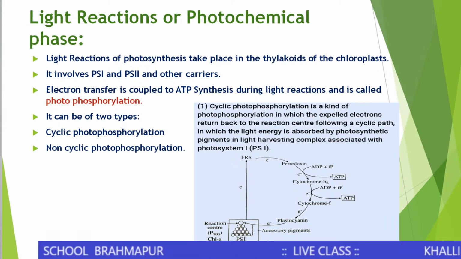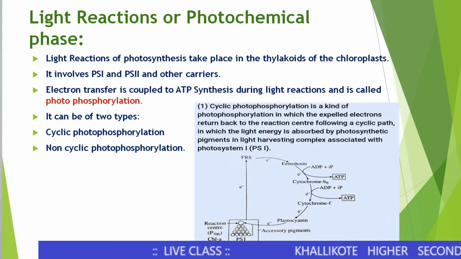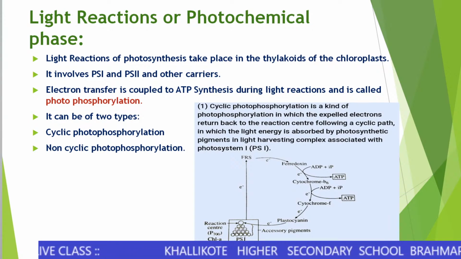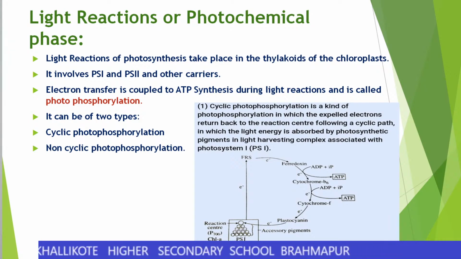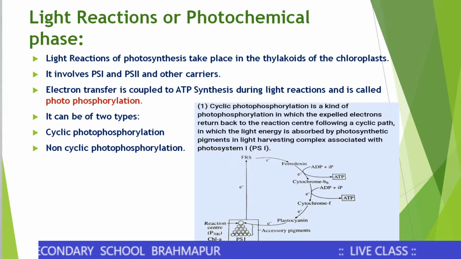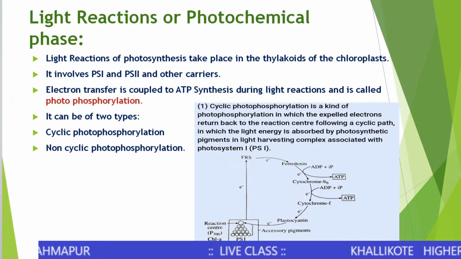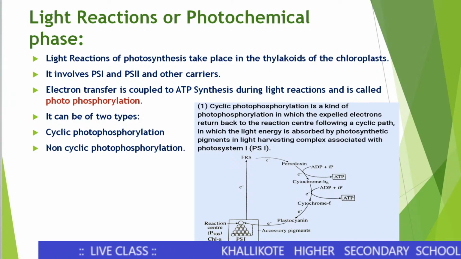These two components are negatively charged and they cannot be easily attached to each other, so it requires the presence of external energy to combine ADP and inorganic phosphate. Here the combination of ADP and inorganic phosphate will be by the utilization of solar energy or light energy.